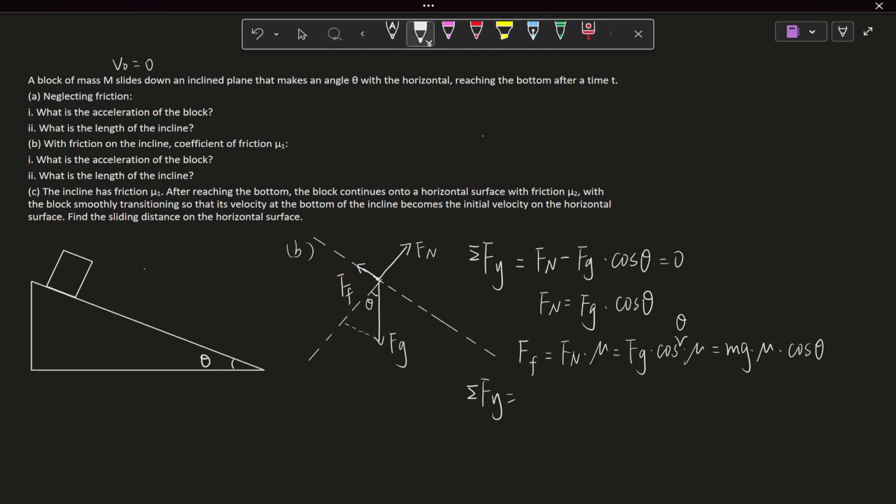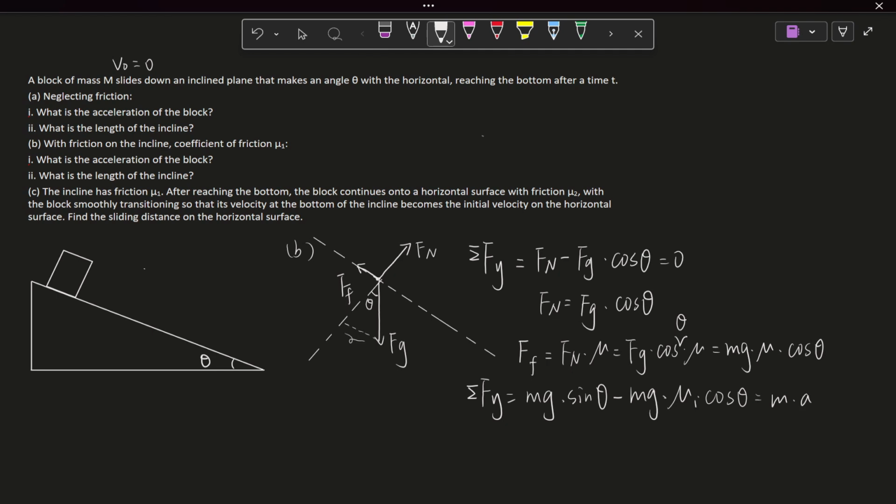Using trig, this component is equal to Fg, which is mg times sine theta, minus your Ff. I'll just write Ff straight down here. It is minus mg times mu times cosine theta, equals m times a.